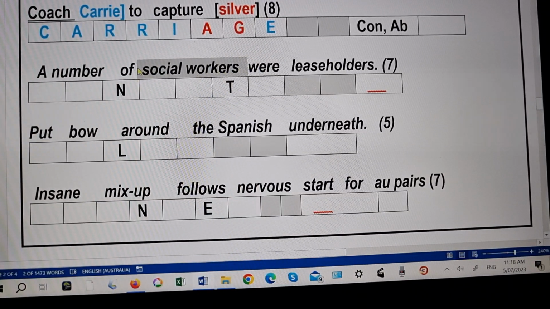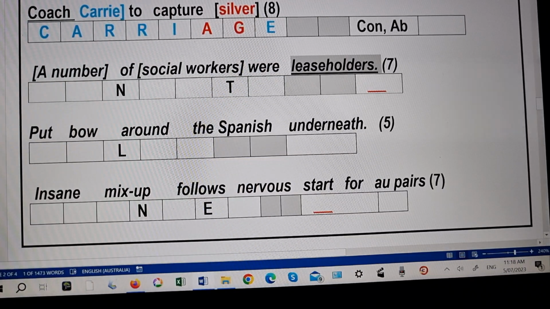I think, therefore, a number could be any number. I reckon that's going to be a fodder too. Well, I reckon they're both going to be fodders there, a number and social workers, which means the key is down here. Leaseholders. All right.